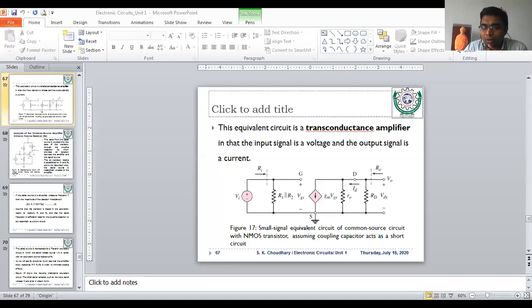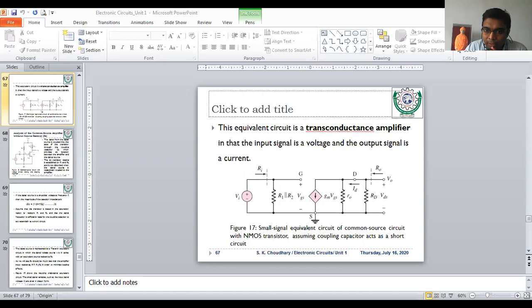Okay. Now we have to see the extra element is RD. For drawing the small signal equivalent circuit, whatever the DC source in your circuit, you have to connect it to ground first. So RD is connected between the drain terminal and the ground. Where is my ground terminal?